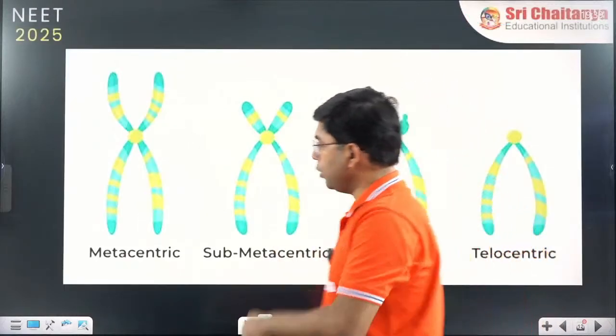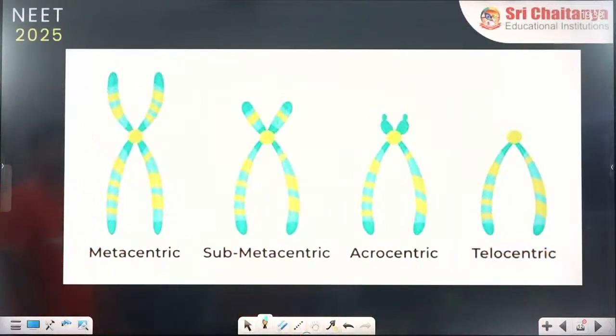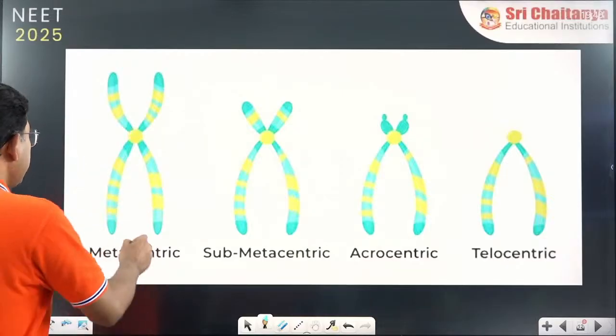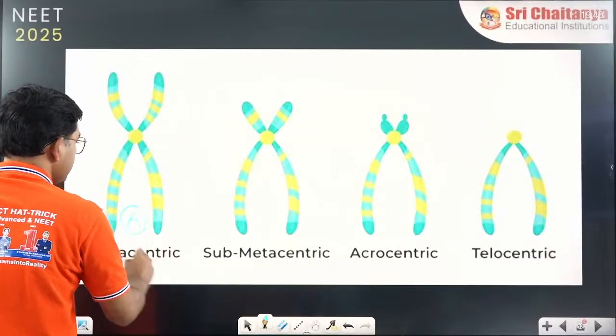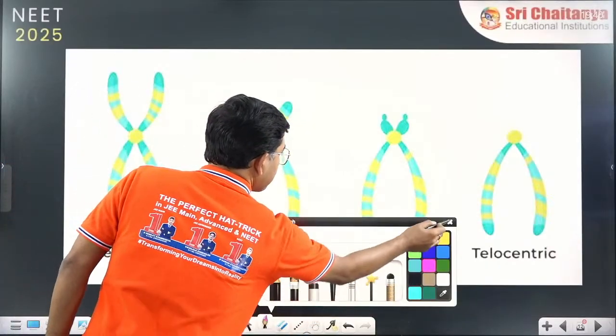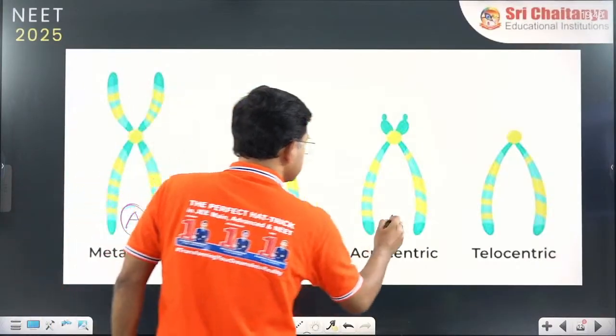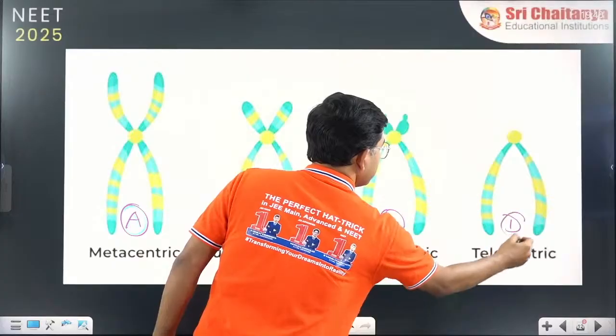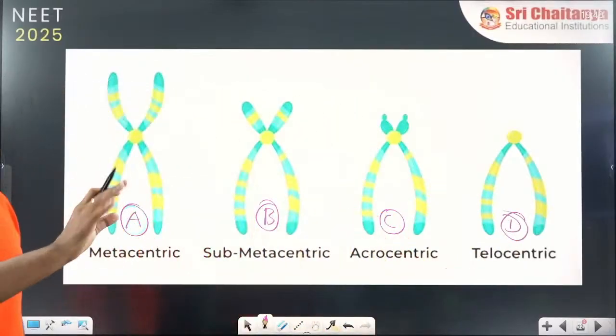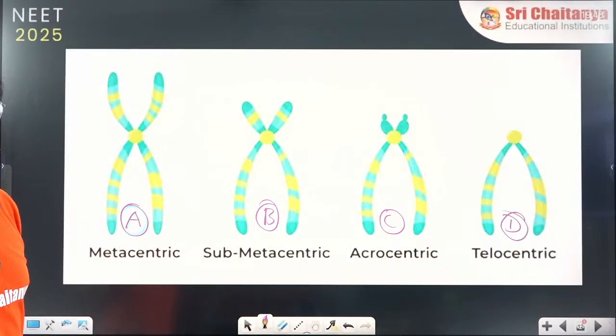Now see here, let's say I put A, B, C, D. Tell me in which case the centromere is at the center.